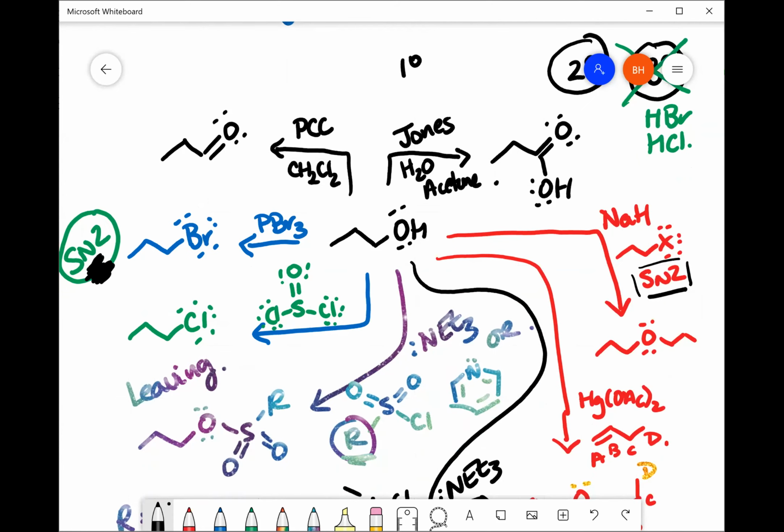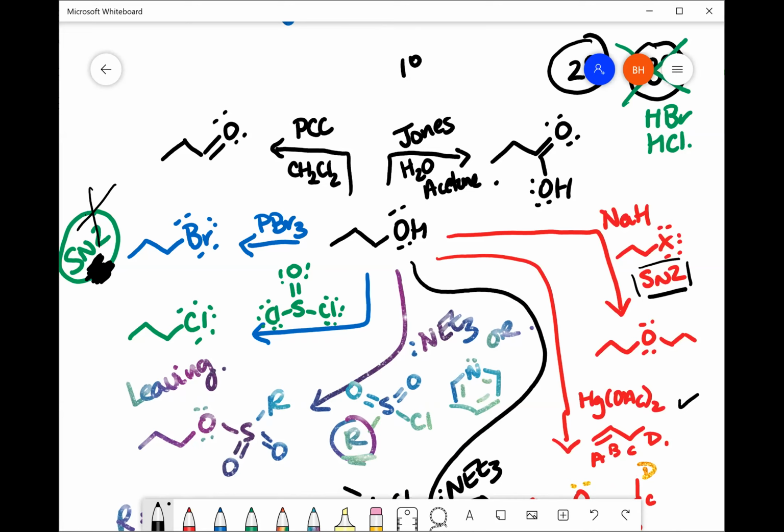But when you get into the tertiary, the oxidations aren't going to work at all because you can't oxidize a tertiary alcohol. The SN2 reactions over here won't work at all. This Williamson synthesis reaction isn't going to work at all, with the exception of a methyl.